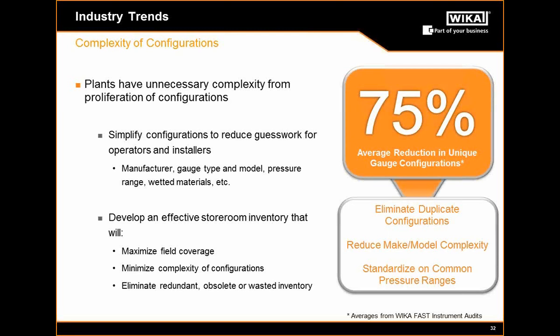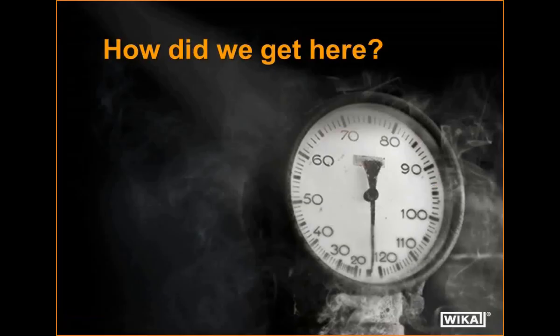And in doing this, you're going to eliminate that redundant, obsolete, or wasted inventory. Through the audits that we've done in the last year, we've found that you can average about a 75% reduction in the unique configurations that any plant uses. We accomplish this by eliminating those duplicate configurations, by reducing the complexity of those make and model configurations, and standardizing on common pressure ranges that the plant actually uses in their facility.